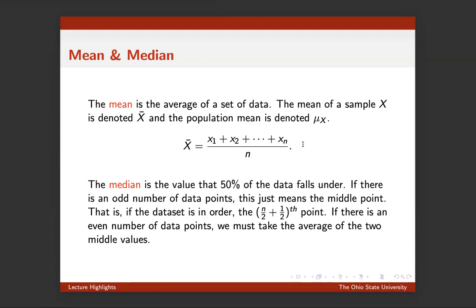If there's an even number of data points, we've got to take the average of the middle two values, again making sure that everything is sorted in ascending or descending order. And this, as opposed to the mean, which measures the average of a set of data, measures the central value, so where the exact middle of the data is.